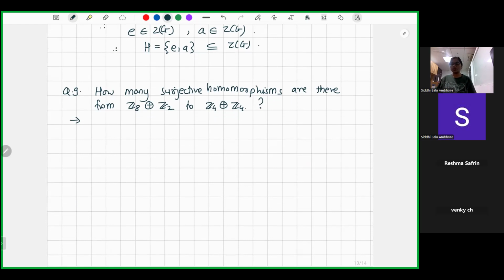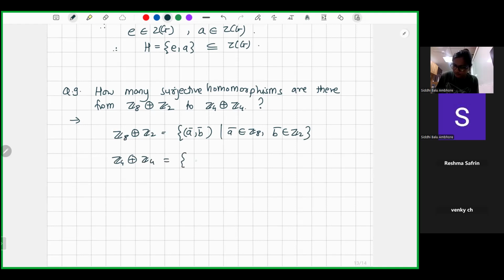Do you have any idea how to proceed with this, whether this is possible or not? So this Z8 direct product Z2 is all those A bar, B bar such that A bar belongs to Z8, B bar belongs to Z2, and here this is C bar, D bar such that C bar and D bar both belong to my Z4.